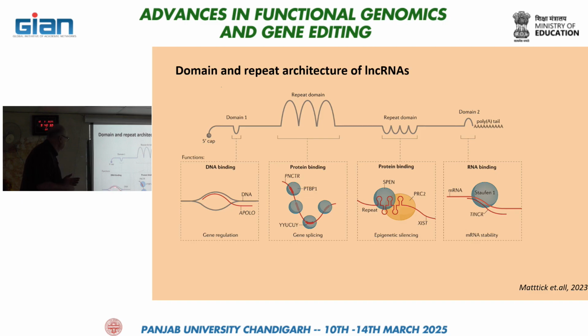So we have this bulge with RNA complementary to DNA and another strand of DNA, and this is called an R-loop, very important for the action and function of non-coding RNAs.